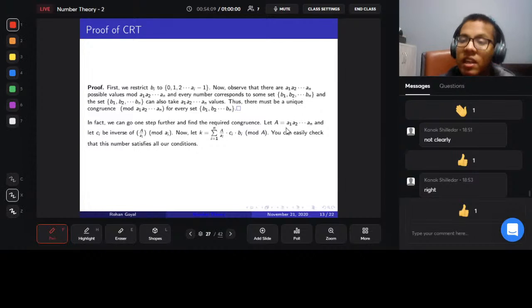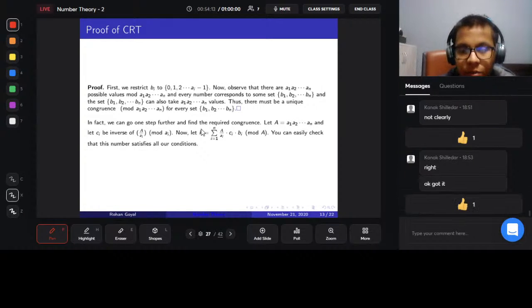Now, in fact, we can actually find the value of this. How do we do that? If A is A1 A2 An, remember we have shown that you can always find an inverse. So you can find a Ci which is the inverse of A upon Ai, mod Ai.